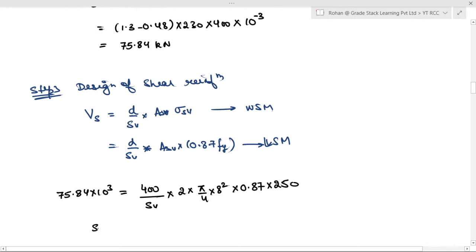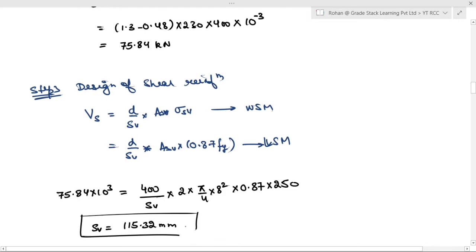From here your Sv will come out to be equal to 115.32 mm.